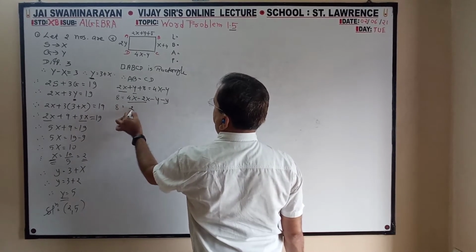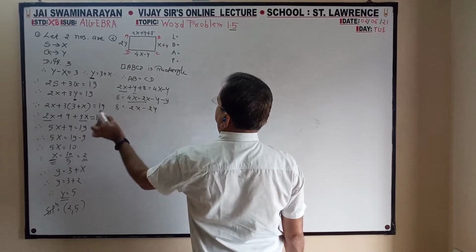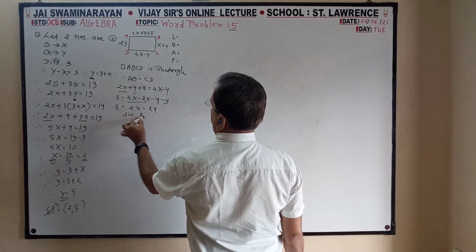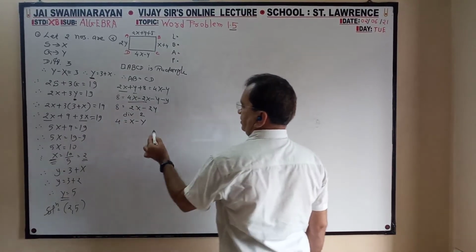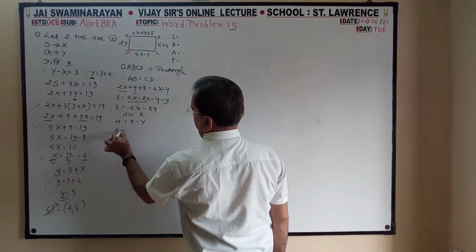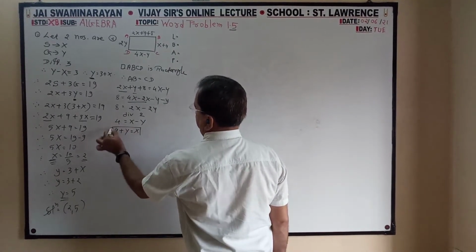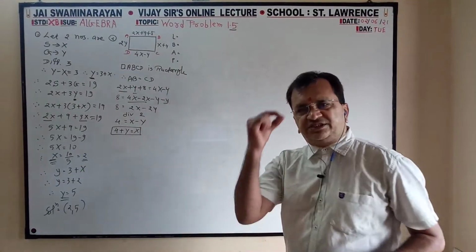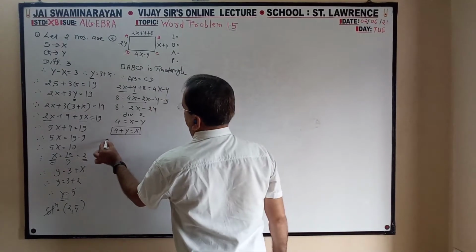So this is 2x only, y minus y, 2y, divide by 2, so 4 is equal to x minus y. Y goes this side, so 4 plus y is equal to x. This is the first condition. The opposite sides are equal, these two are equal, these two are equal.